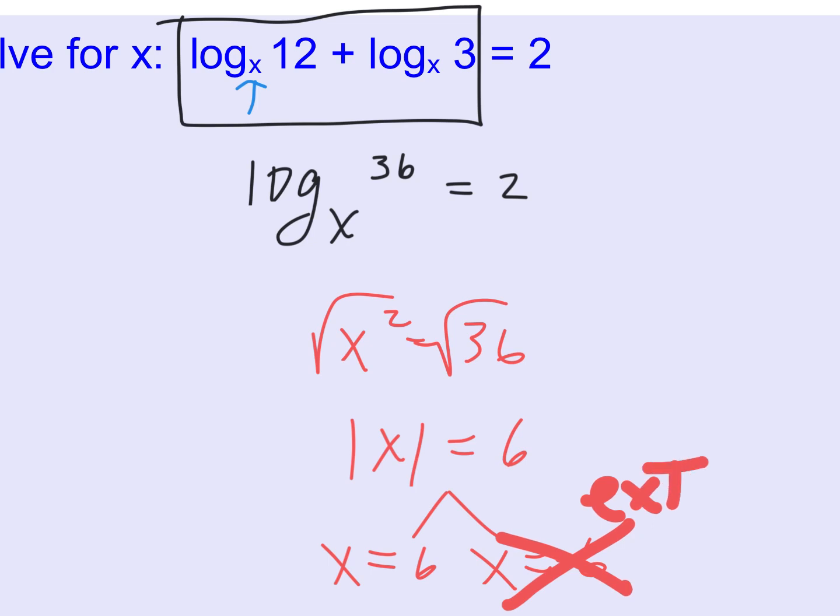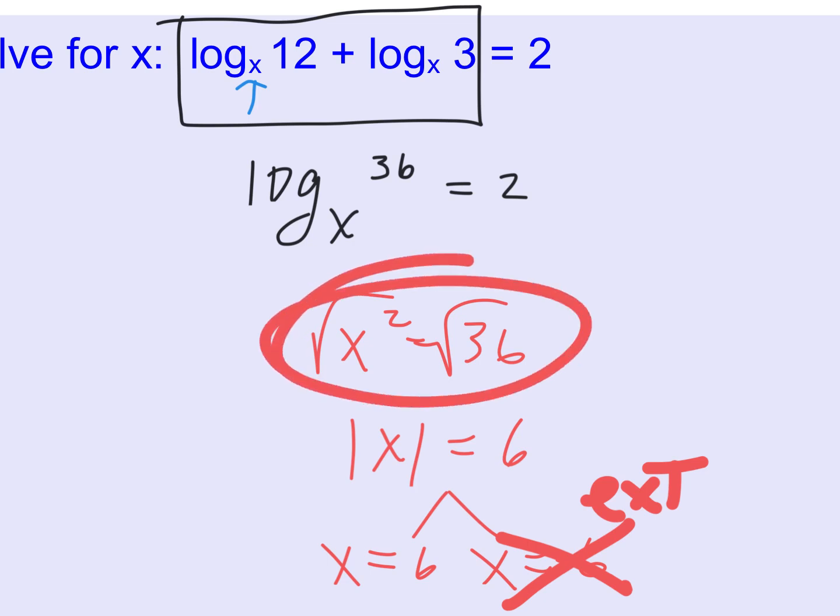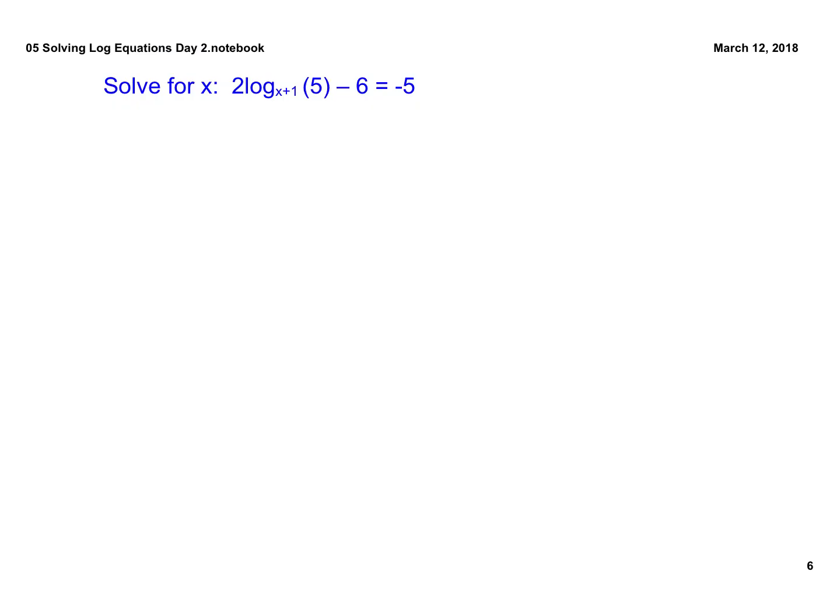Final answer is 6. Do you have to show that part? Yeah. Because you got two answers. X squared equals 36 has two answers. It's just that one of them is an extraneous answer. Okay. Feel like this is still pretty normal.